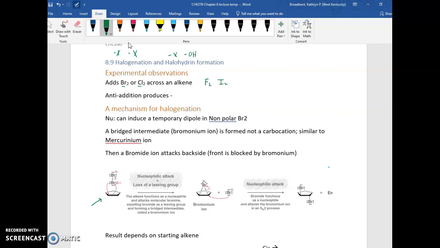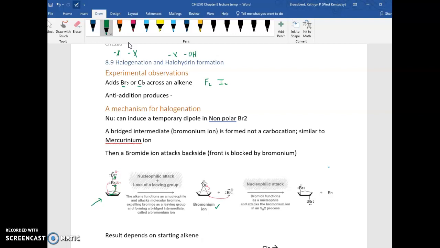Then there'll be a nucleophilic attack, so the electrons in this bond attack the bromine, and there's a leaving group. Loss of a leaving group, the other bromine leaves, and you end up with this bromium ion, this bridge. The next step is a nucleophilic attack.